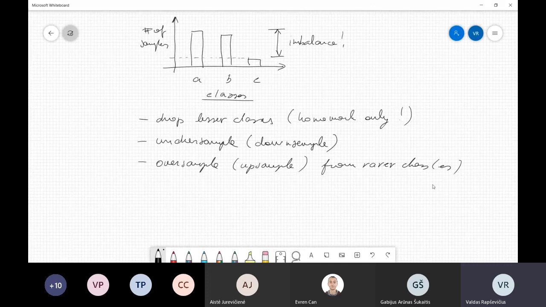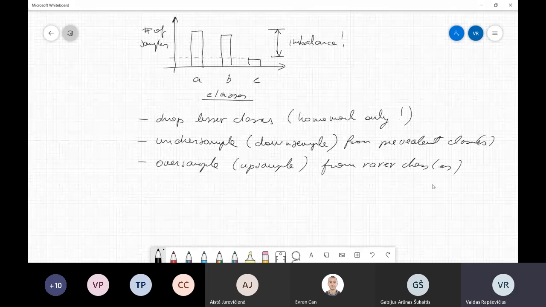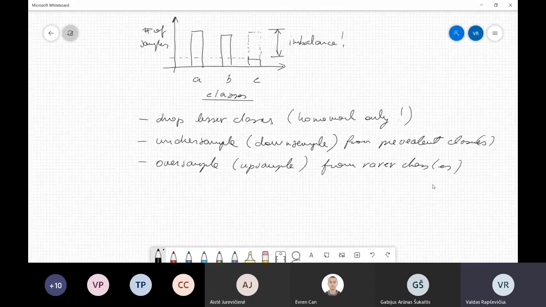Here, undersample, downsample was made from the prevalent class or classes, and here with oversample we lift this up. You sample many times randomly from C, so that you have approximately the same amount of samples as A and B.